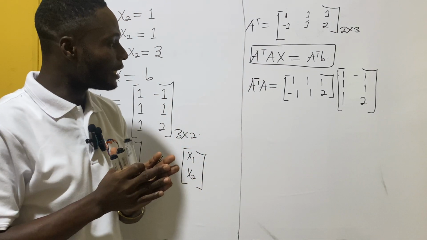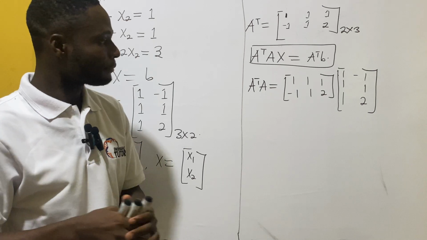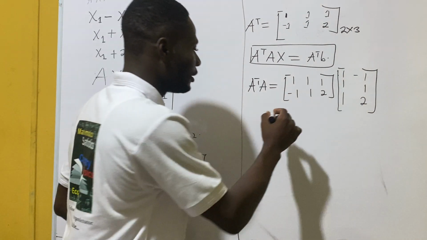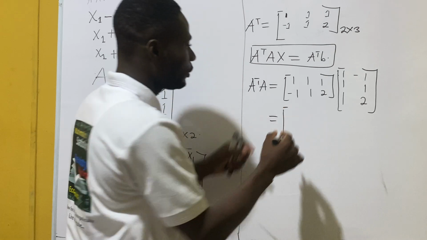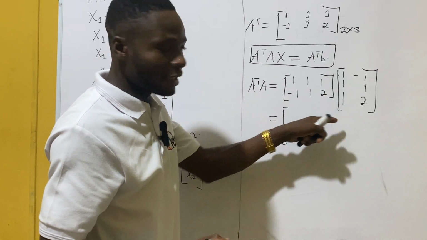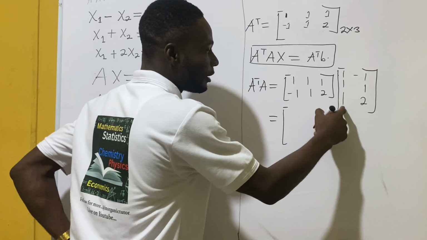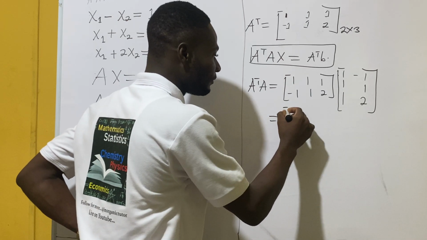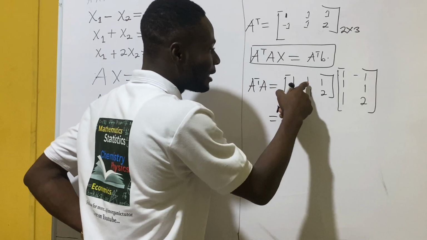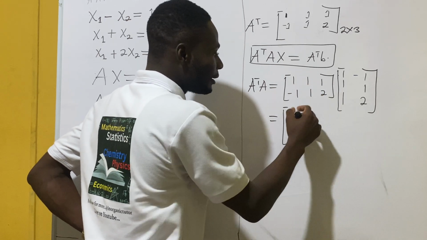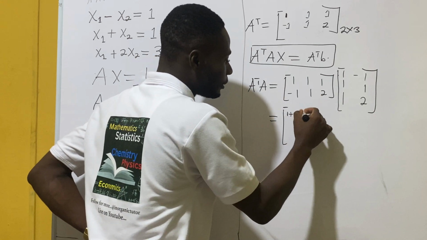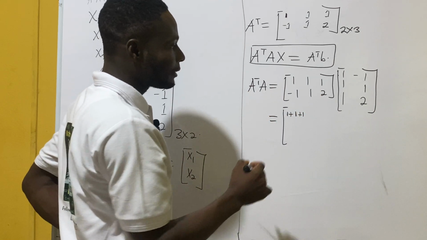Then we have our A transpose times A. So we perform this operation, first row times first column, right? So we're going to have 1 times 1, and that is 1, plus 1 times 1, 1 times 1, and that is 1, right?